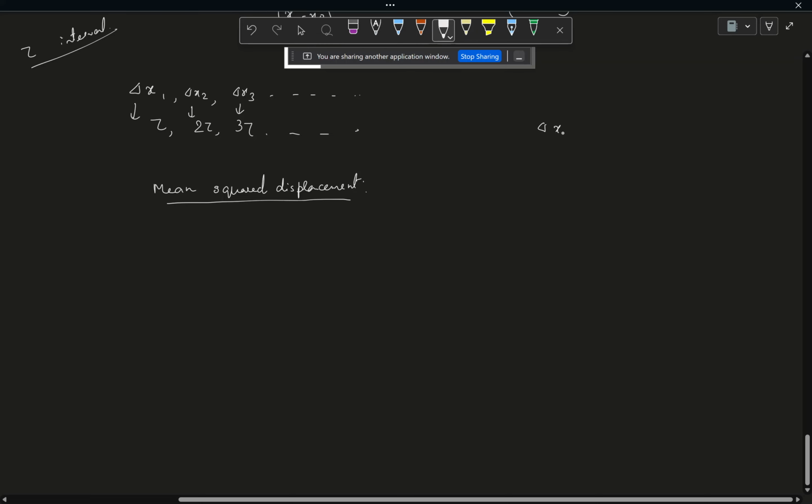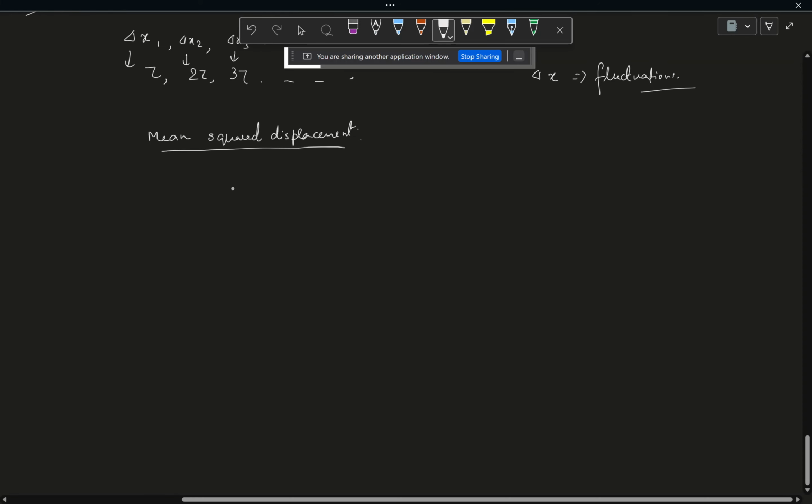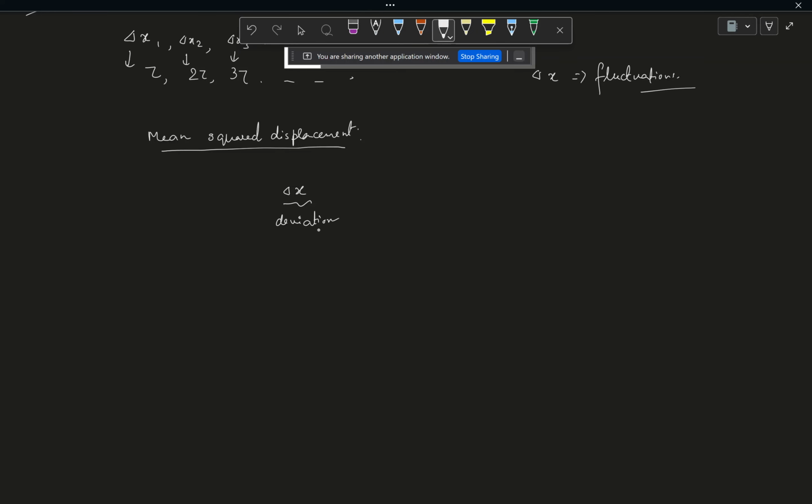These fluctuations are denoted by this delta x, which is the fluctuation in the x direction, of course. These are called fluctuations, and here we are basically taking first a square of these deviations. Let's say you are taking first delta x, which is your deviation of the particle from a reference position.